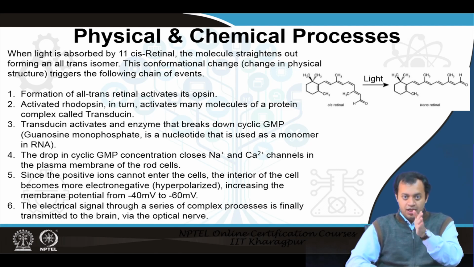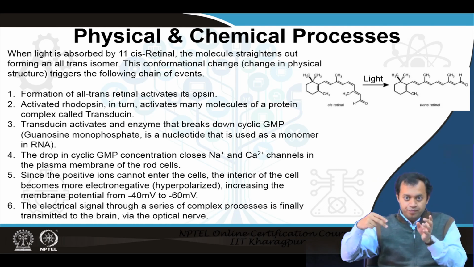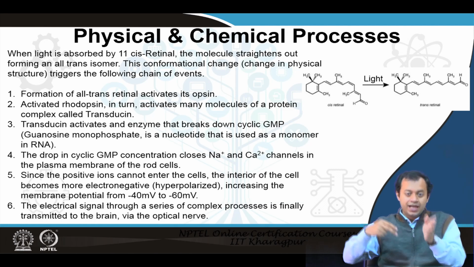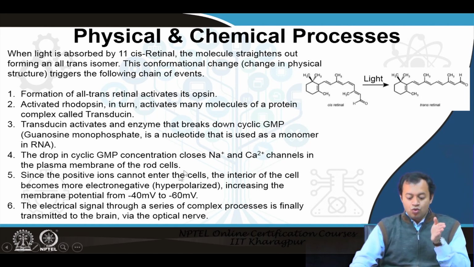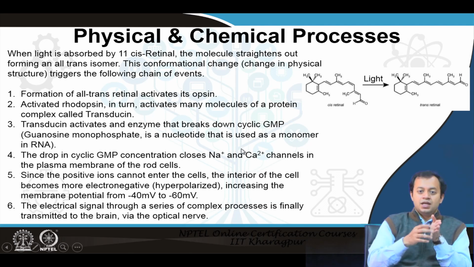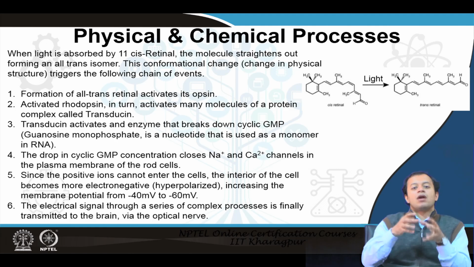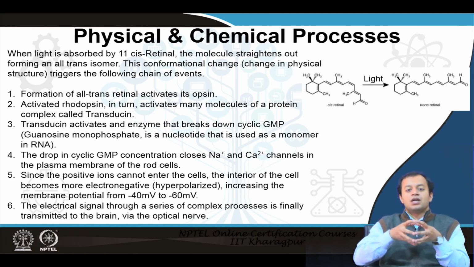So you have a rod cell. Any cell has a plasma membrane, and the plasma membrane has gates that allow ions to come through. The gate is now closed. Sodium and calcium ions cannot go inside; positive ions cannot go inside the rod cell.